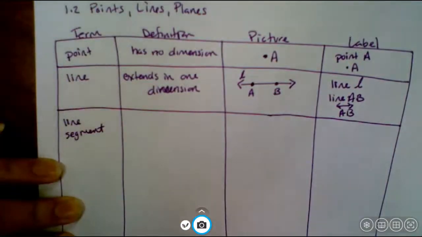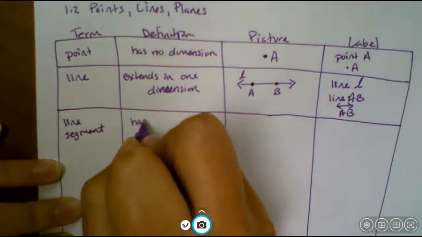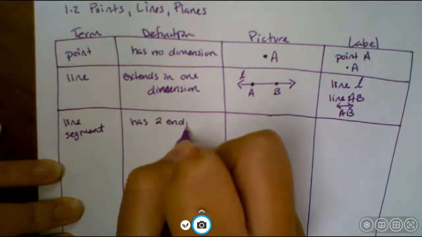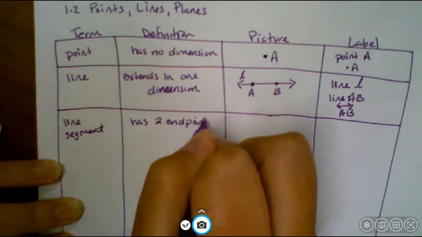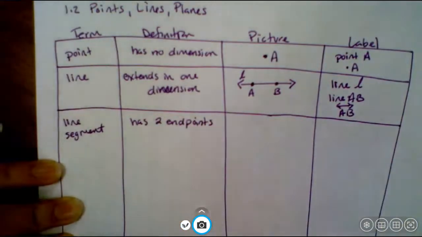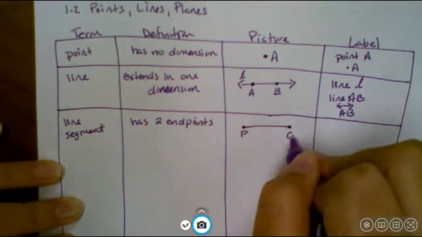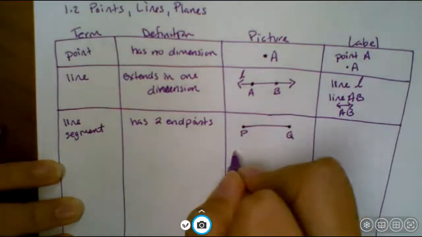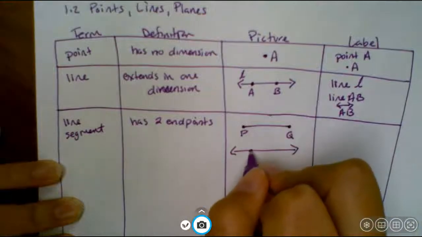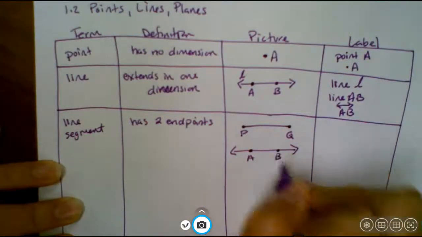All right, the next one is a line segment. A line segment has 2 endpoints. And there's actually 2 ways that you can see a line segment. You can go ahead and just see a line segment with the endpoints, or you really could have a line and pull a line segment from it.